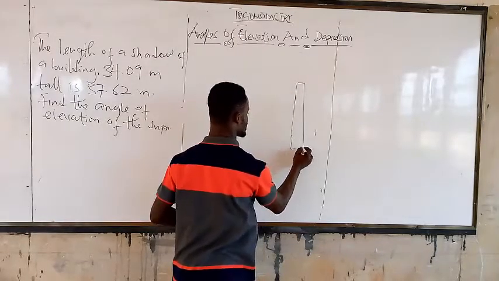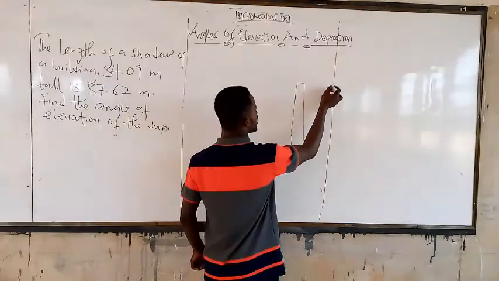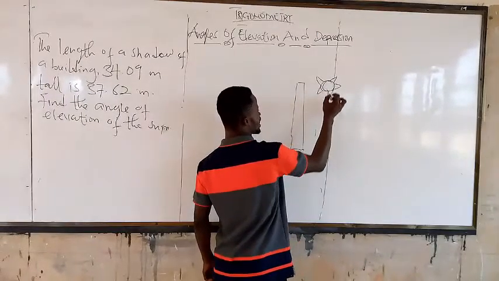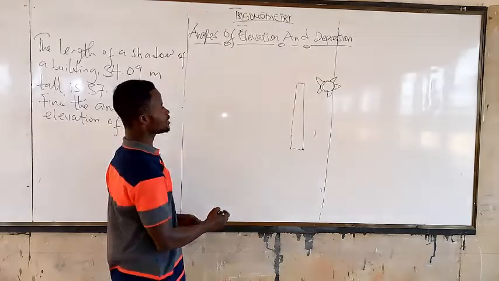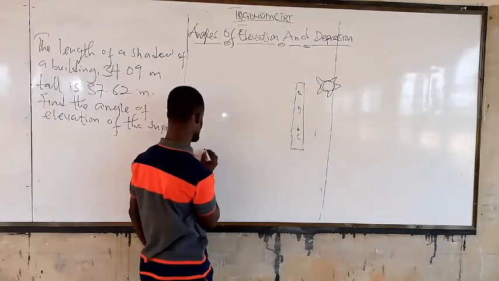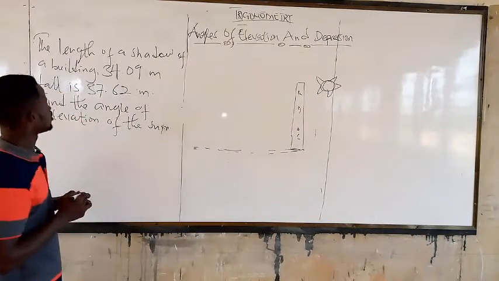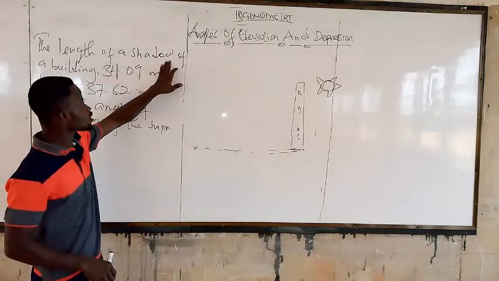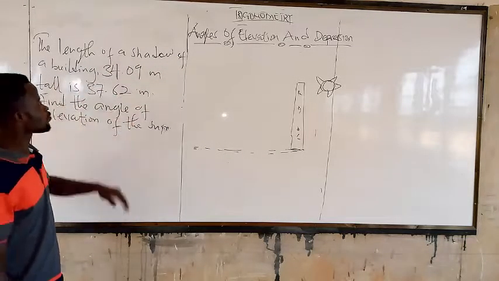Let's relate it, and it will be nice for us to discuss on. We have all seen a sun before. Let's assume that this is the sun. And on every building there is a level ground.